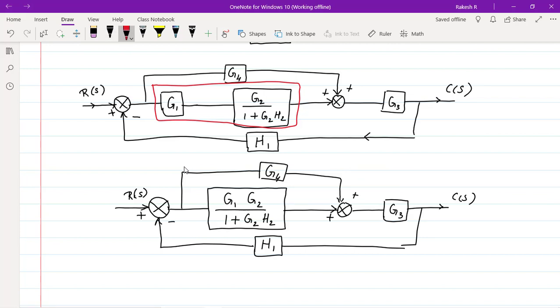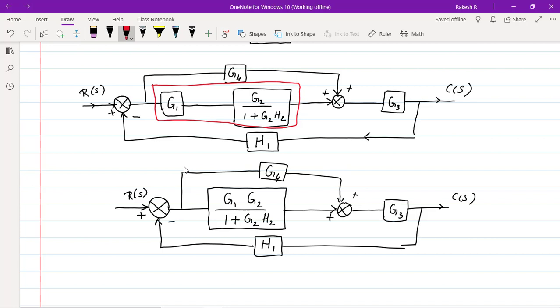After this, what you need to follow? Again, follow the same procedure. First step, see whether the blocks are in series. Next, just check: we don't have any blocks in series. You might say G1 G2 divided by 1 plus G2 H2 and G3 are in series. No, we have one summing point, so these two blocks cannot be in series. Next one is check whether the blocks are in parallel, right?